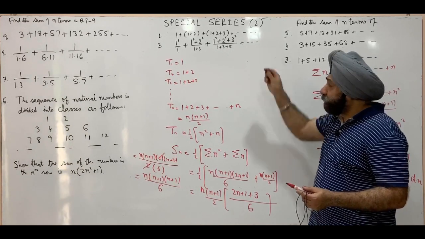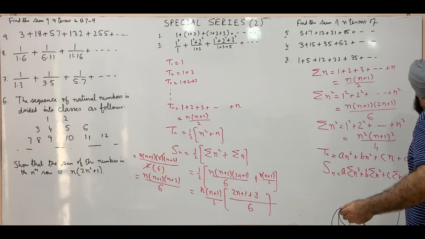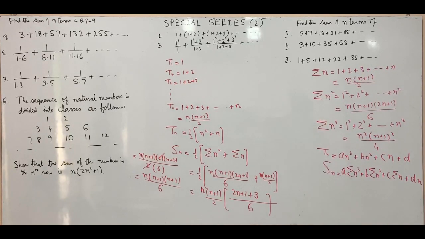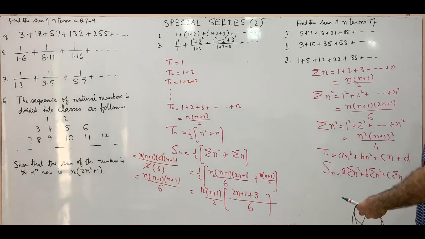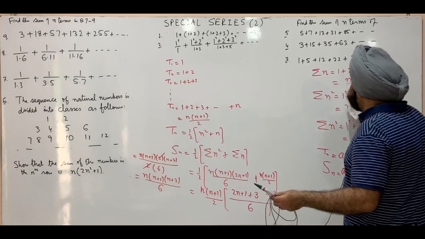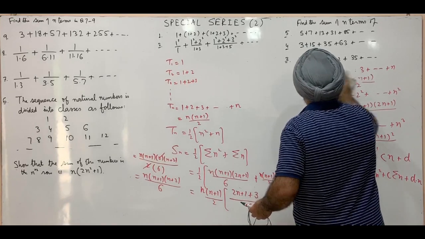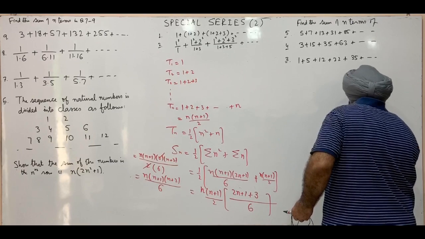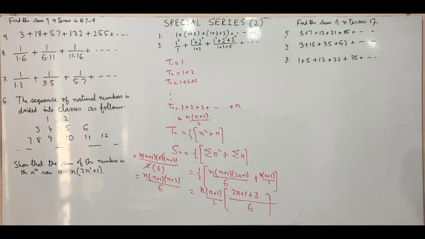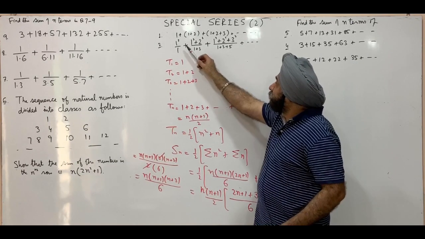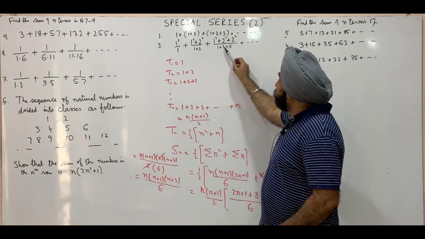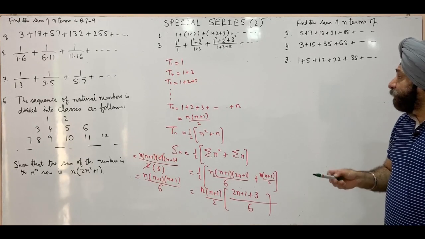Coming to the next one, this is 1 cube upon 1, the second term is 1 cube plus 2 cube upon 1 plus 3, then it's 1 cube plus 2 cube plus 3 cube upon 1 plus 3 plus 5. So we observe that the numerator is the sum of cubes of n terms, and in the denominator we have the sum of n terms of an AP.